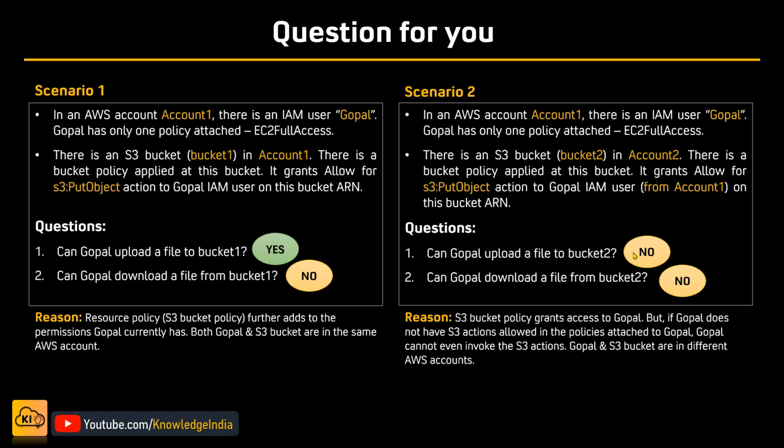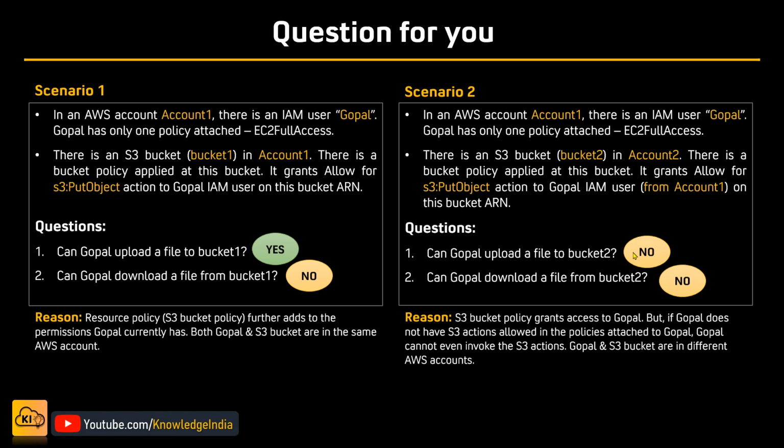Because in this scenario, Gopal doesn't have any S3 related permissions attached. Gopal has got only EC2 full access attached. Hence, when Gopal tries to invoke S3 put object, immediately at the account 1 level itself, it gets restricted.